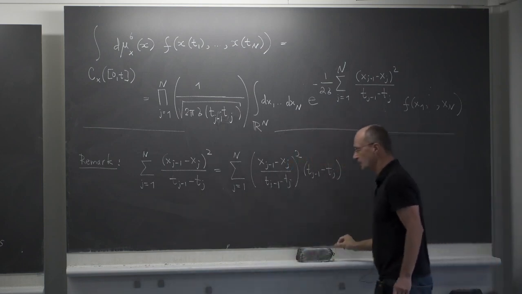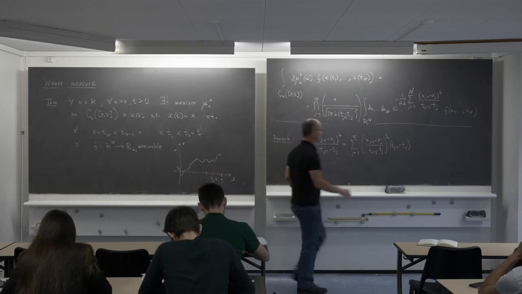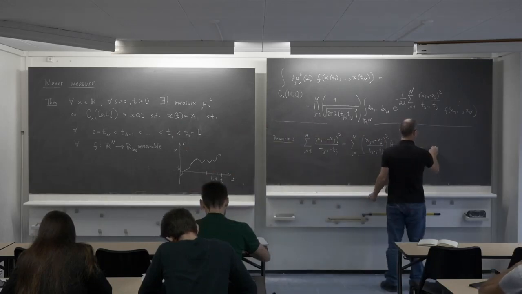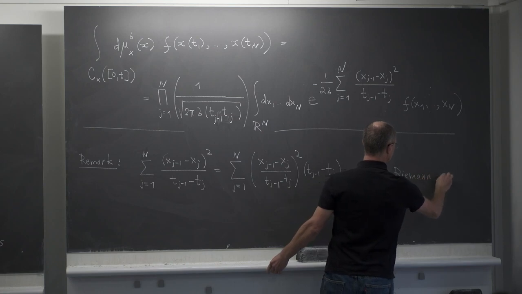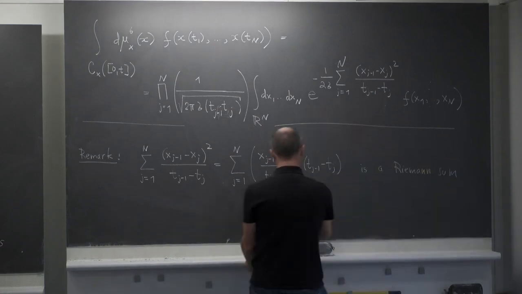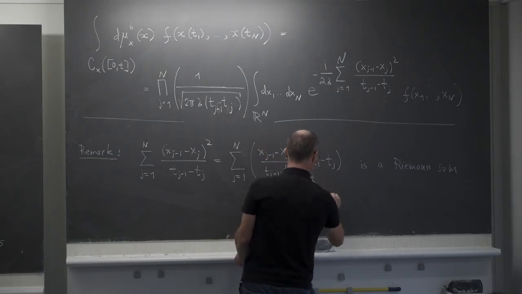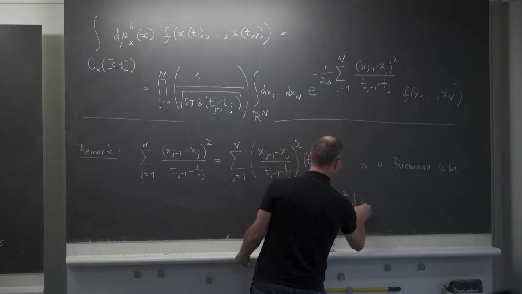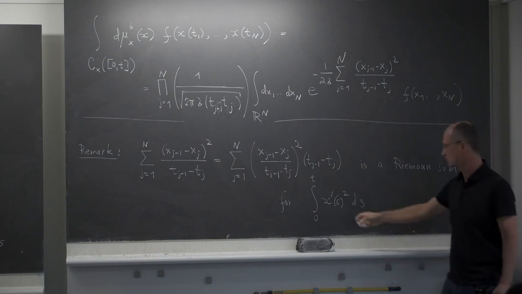And now this is a Riemann sum for an integral, for this Riemann integral.